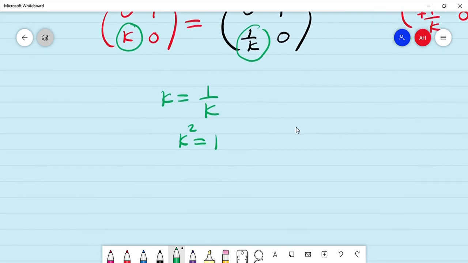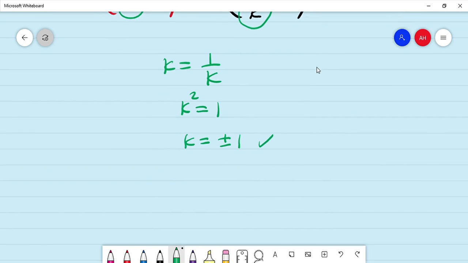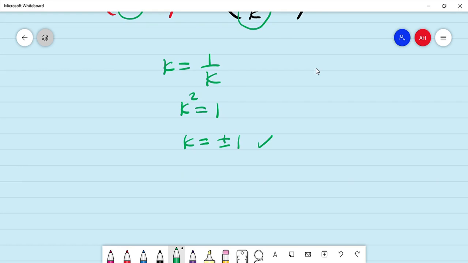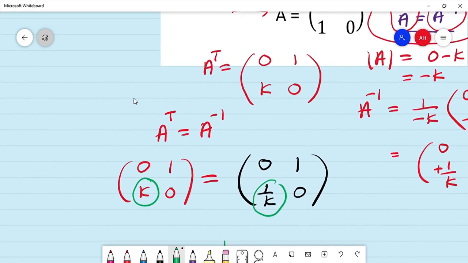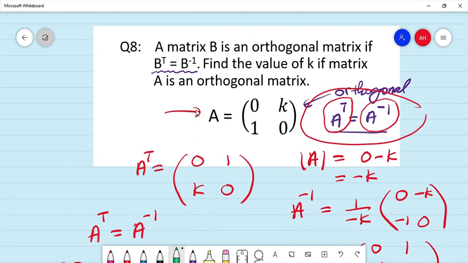Therefore, if we take the square root of both sides, we will have k equal to positive and negative 1. Two answers for the value of k if the matrix A is an orthogonal matrix. I hope you follow this explanation to find the value of k when given the fact that this matrix A is orthogonal.